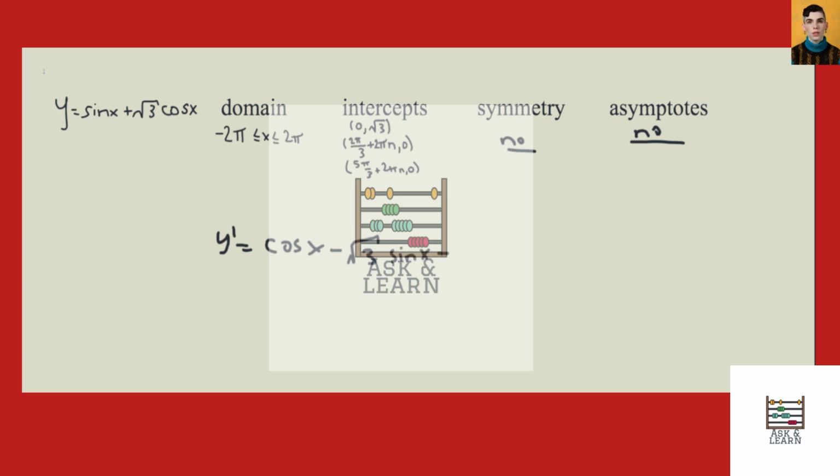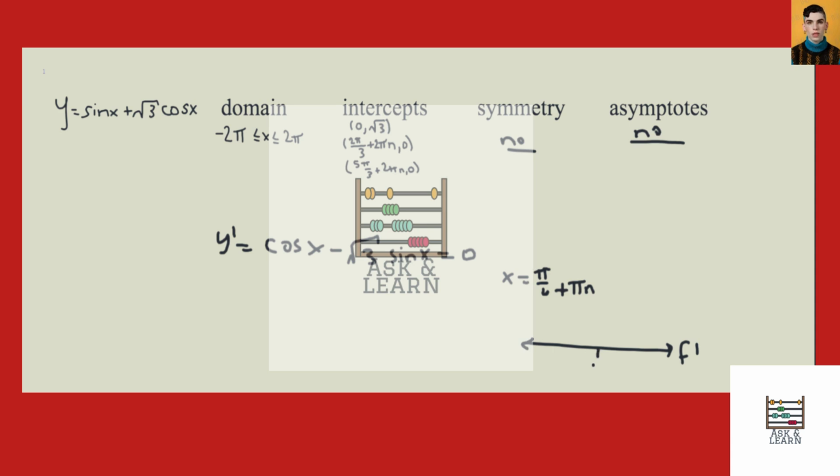If we set that equal to 0 and solve for our critical points, we have x equals pi over 6 plus pi n. N is an integer.